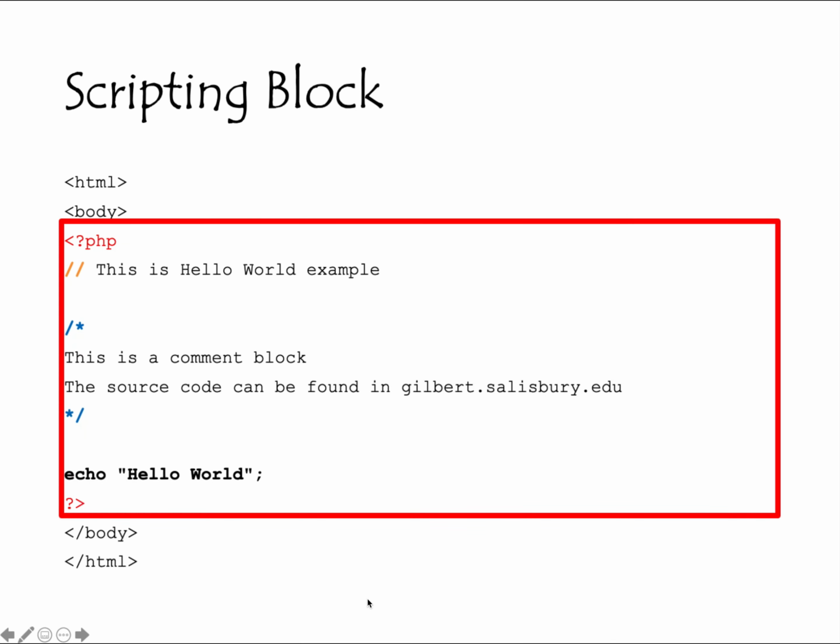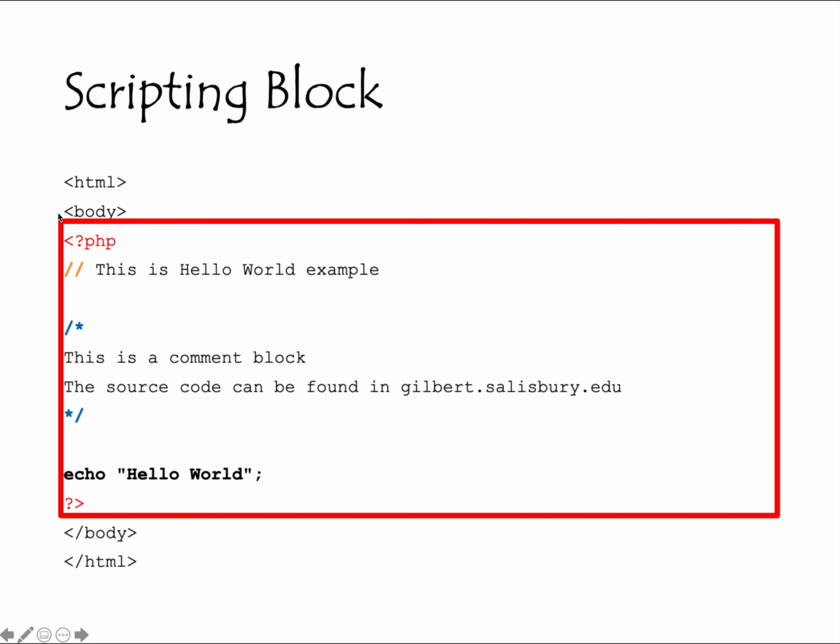Okay, so now let's talk about how to write a program using PHP. First of all, if you want to make a PHP program, as I told you, this program is a kind of block, and you can embed it inside the HTML page. If you look at the general structure of PHP code, the file usually has a PHP extension like .php, and if you open that file, the first part looks just like HTML.